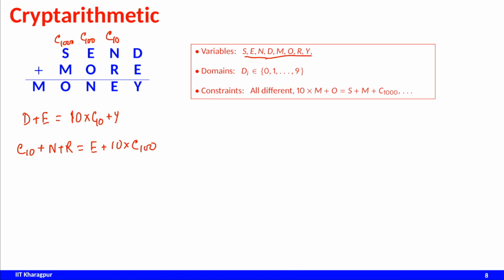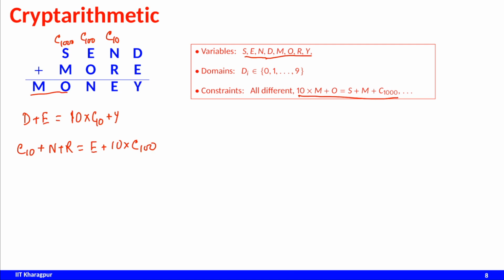And if you look at this part, if you add S plus M and C1000, then that will yield 10 times M plus O. So I can write all those constraints, and each variable can take a value between 0 and 9.